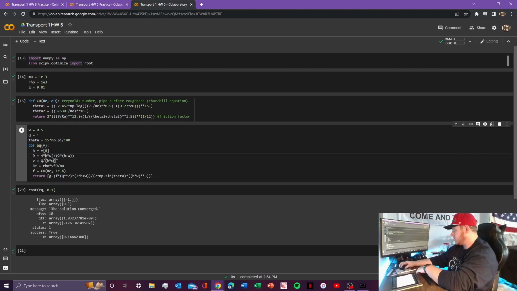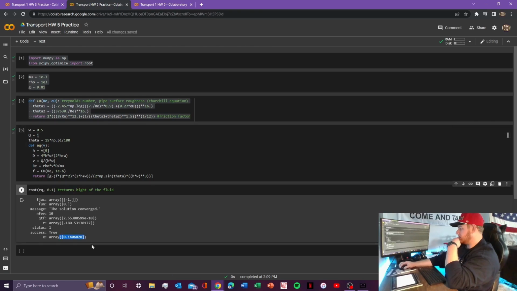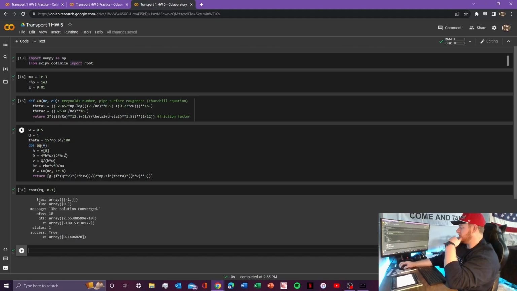Let's get rid of these parentheses, because it's supposed to be 2 times H plus W, not the other way around. There we go, there's the right answer. The problem was I did 2 times H plus W, but it's supposed to be 2H plus W. So we matched up with our correct answer. It was just a little mistake I created for myself.